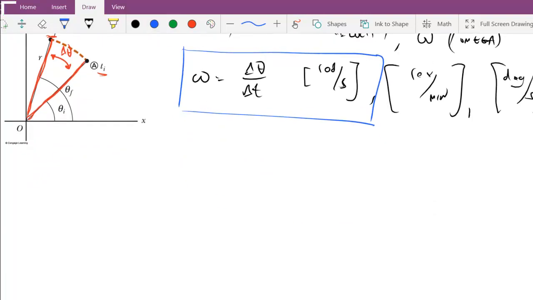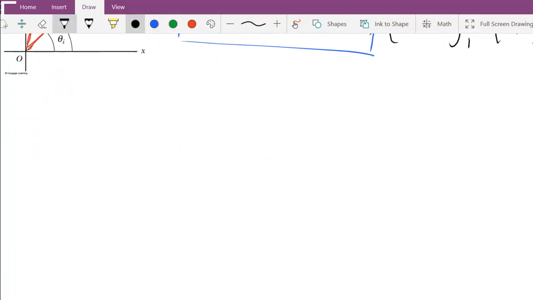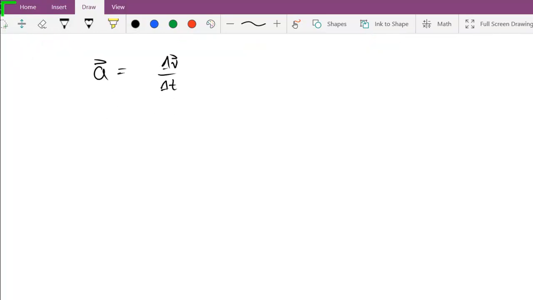And then rotational or angular acceleration is defined very much the same way. If you remember back when we had a linear acceleration, this was a change in a linear velocity with time. For angular acceleration or rotational acceleration, we use an alpha.